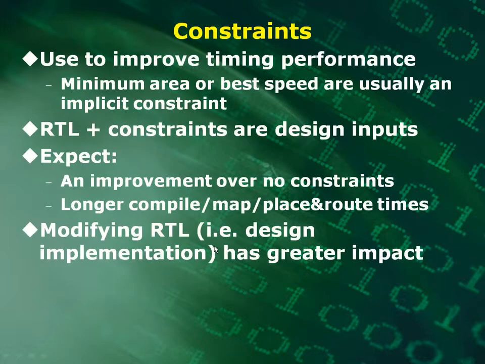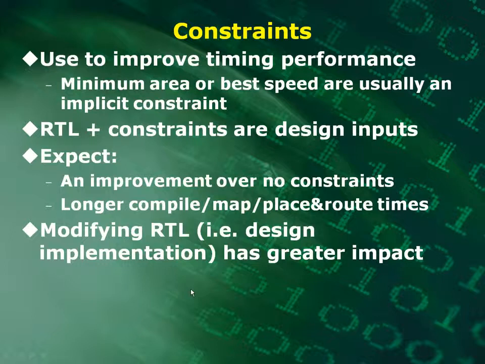Let's talk about synthesis constraints. Synthesis constraints, which we talked about a little in the past, are used to improve timing performance. Things like minimum area or best speed are usually some type of implicit constraint. Typically you feed your RTL code plus your constraints, and those are your design inputs. With constraints versus no constraints, you should see some improvement in your timing analysis.